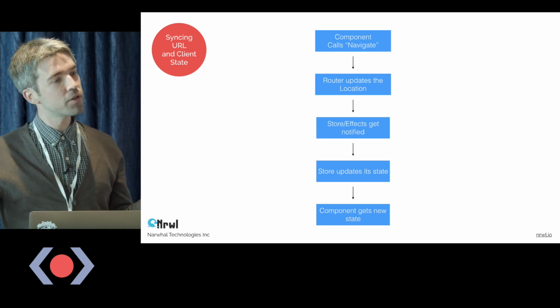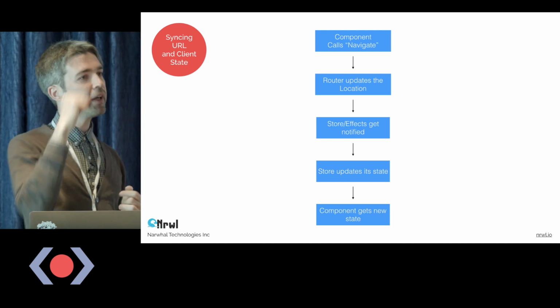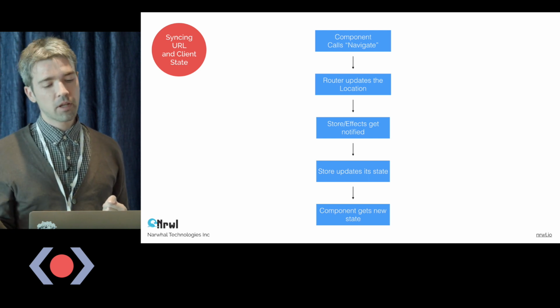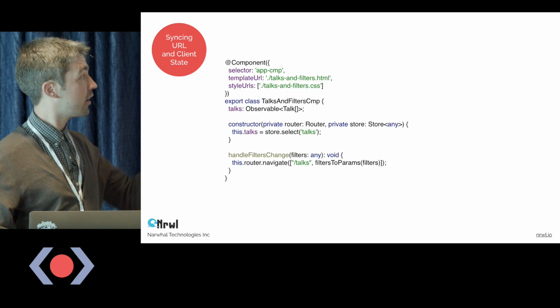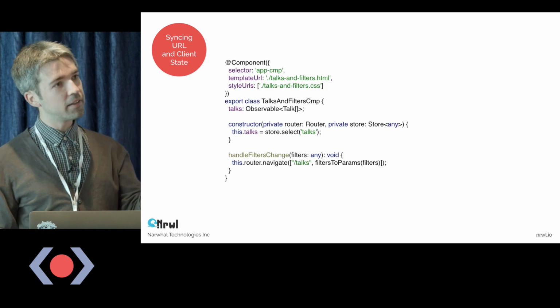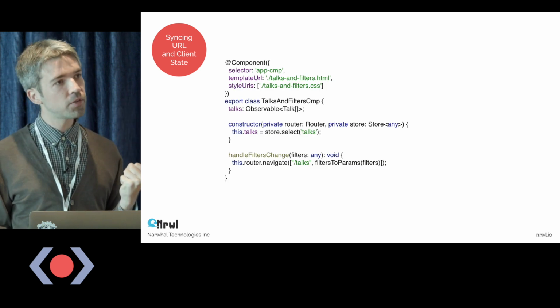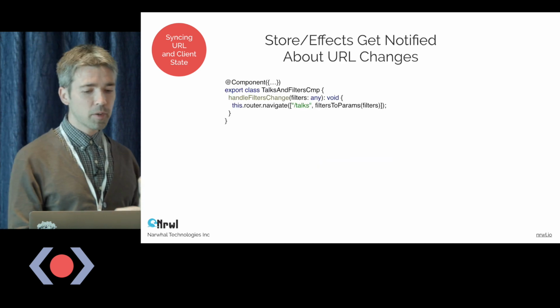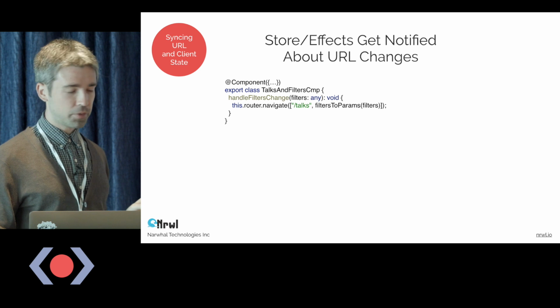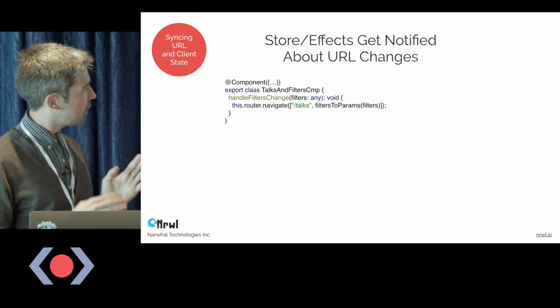They're like, oh, something changed in the location. Interesting. They will pick it up, figure out what it is, and update the state in the store. Then that component in the constructor is going to see that update. It's going to receive a new set of talks, and it's going to display it. Let's look at it a little bit more in depth.